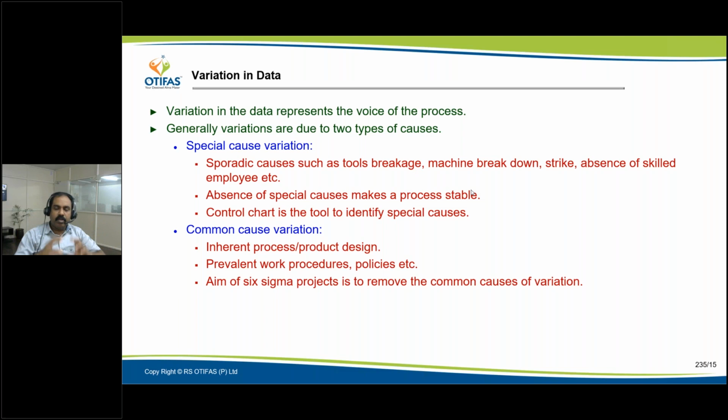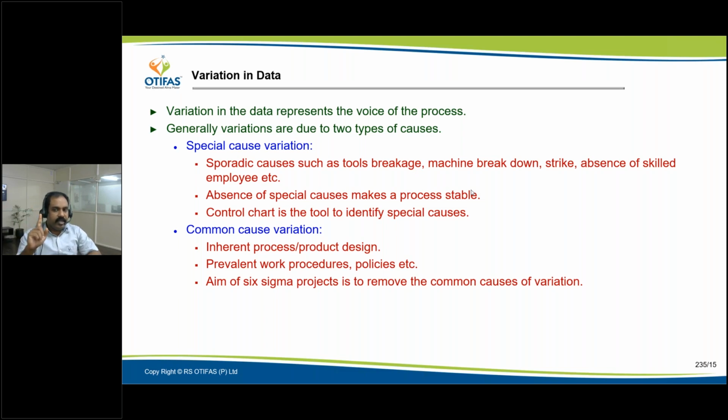Because of this, there can be a production stoppage or a quality issue. When the process is not done properly, your output specification will differ, so you will have variation in the output.